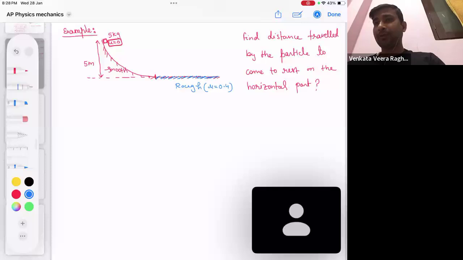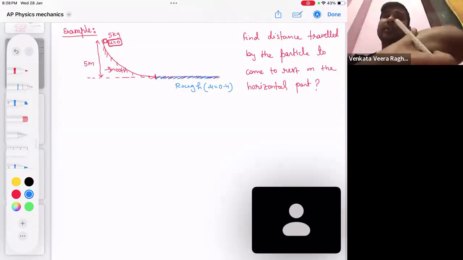So your initial kinetic energy is zero, your final kinetic energy is zero, isn't it? So you got the final kinetic energy and initial kinetic energy. Now you have to write the work done by all the forces you see in the diagram.